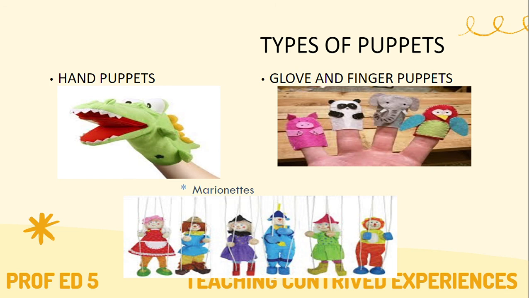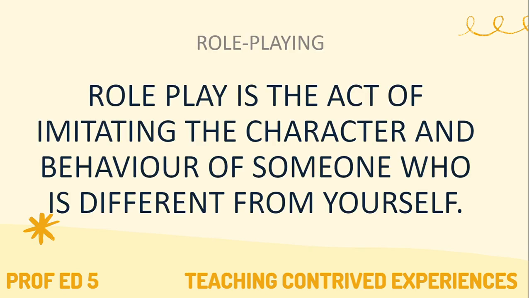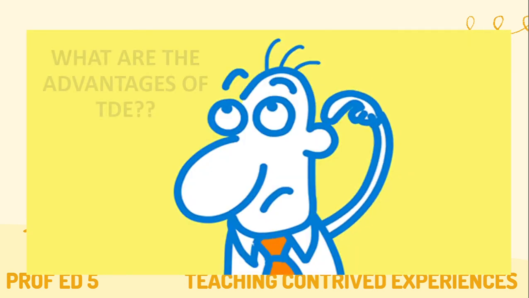Marionettes, on the other hand, are also playful, usually intended for young kids. And role play, we do a lot of this to imitate the character or the behavior of a person. And with the millennials, they usually love to copy or to mimic someone when they do a lot of role play.